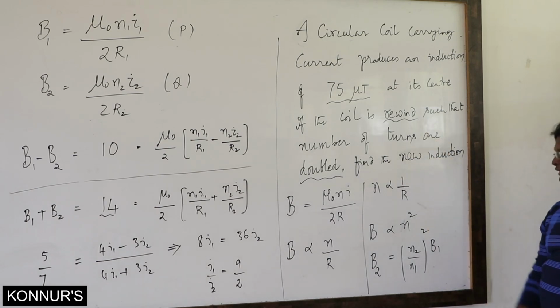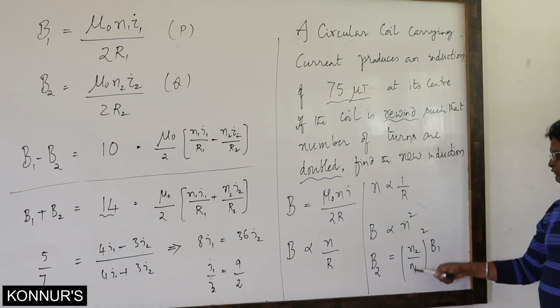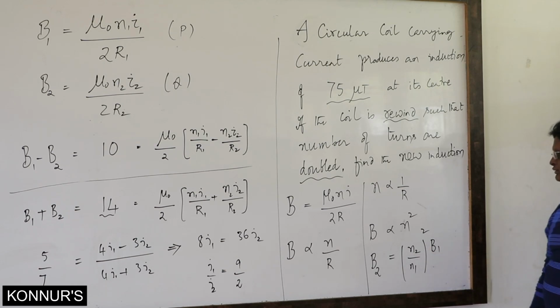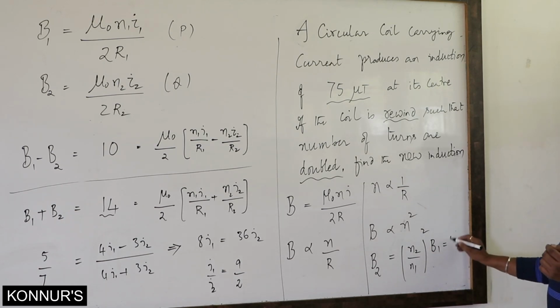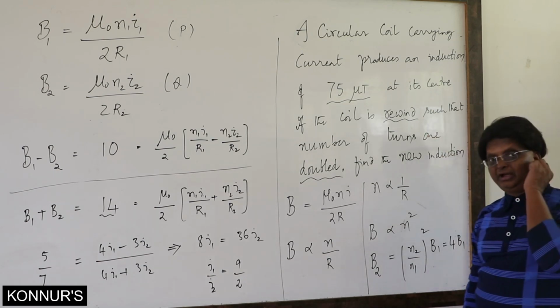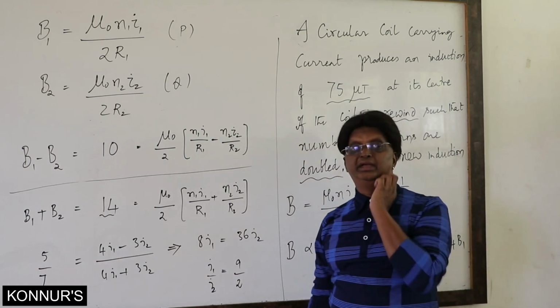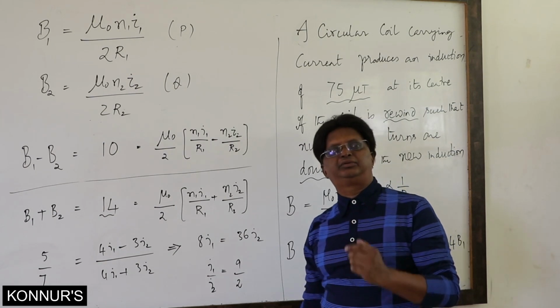Of course, it is given to be doubled number, so N2 is 2N1. So our answer is 4B1. B1 is given to be 75 microtesla, so the new induction will be 300 microtesla.